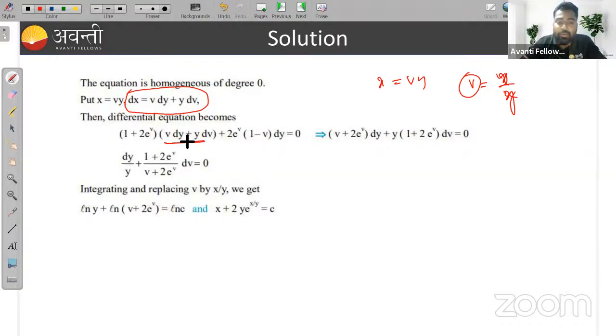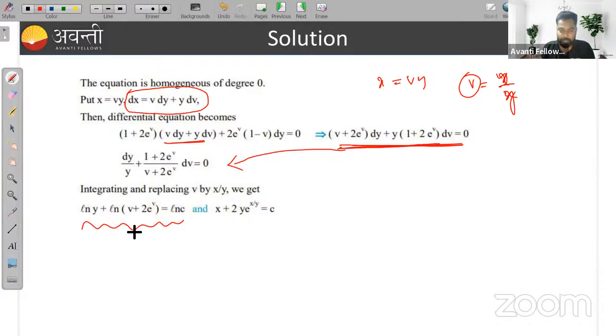After substituting, bring this into variable separable form, then integrate it. After integrating, I am getting this equation.